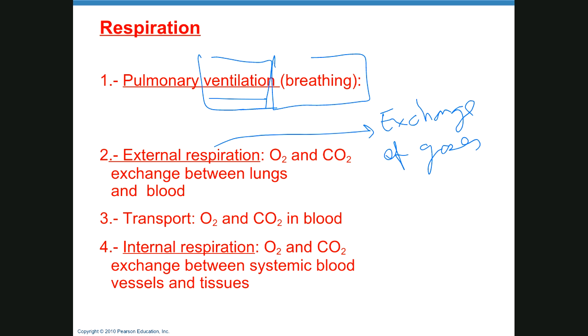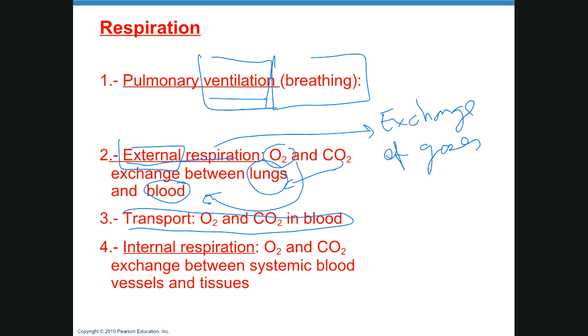And external respiration will be the exchange of gases between the lungs and the circulatory system, and blood. So oxygen will be given to blood, and CO2 will be given to the lungs by the blood. So that's what we mean by external respiration. Then the gases are going to be transported by the blood, and internal respiration is another exchange of gases, in this case between the circulatory system and tissues.